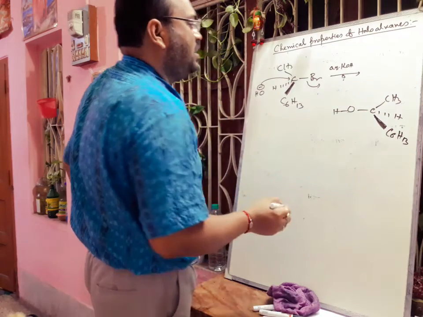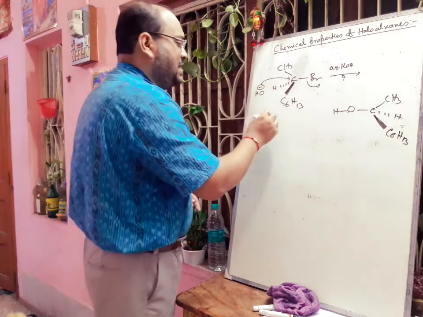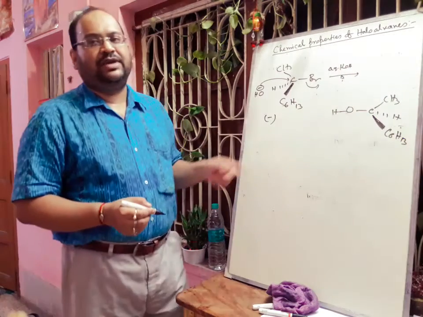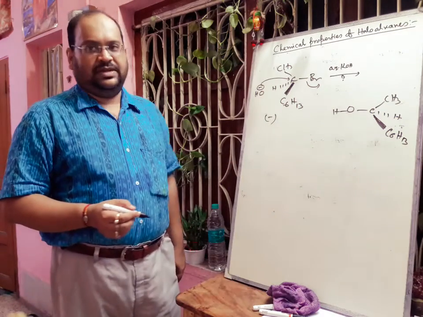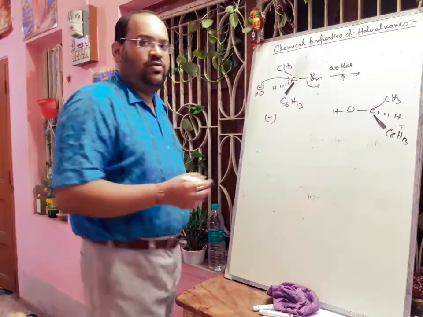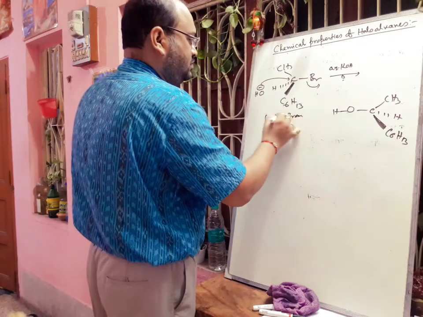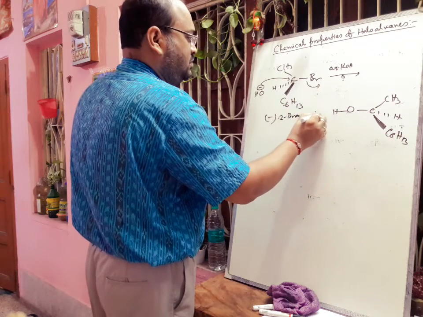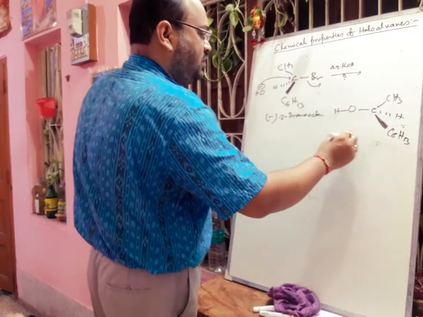C6H13. Now, if we see their optical activity, this will be a minus isomer. It is rotating the plane polarized light in anti-clockwise manner. So, this is minus 2-bromooctane. And this one is plus 2-bromooctane.